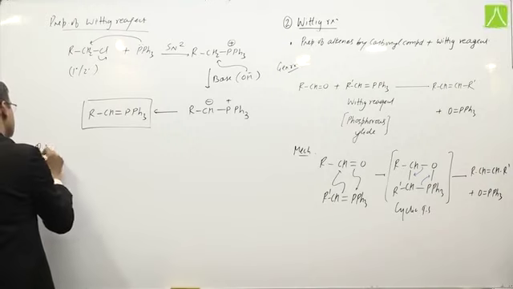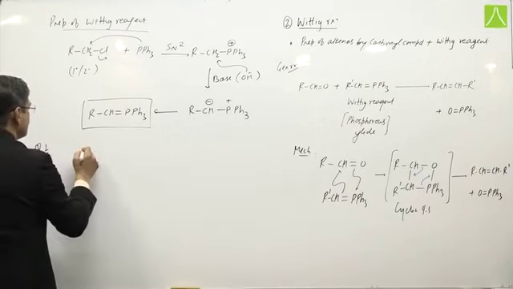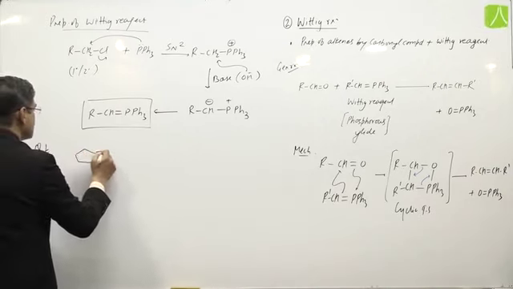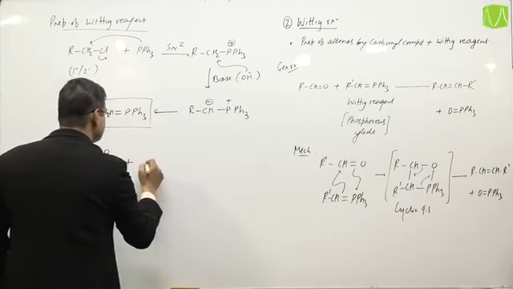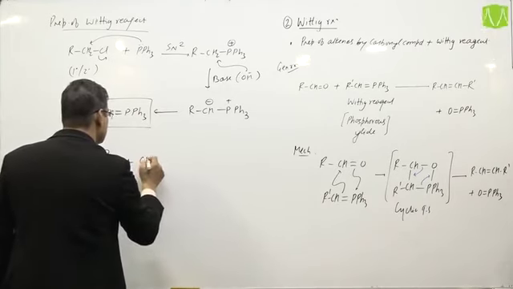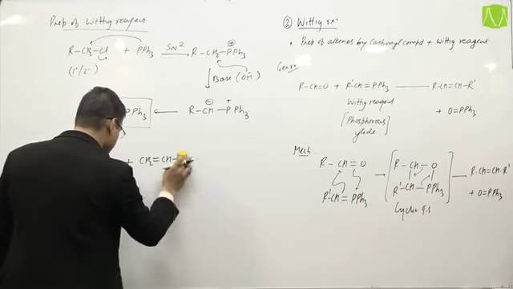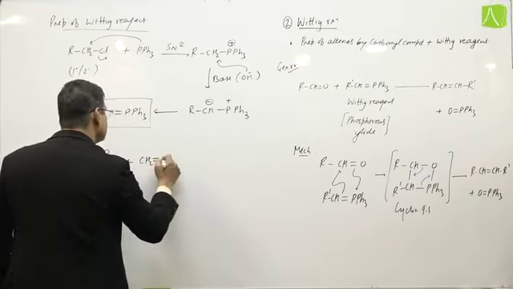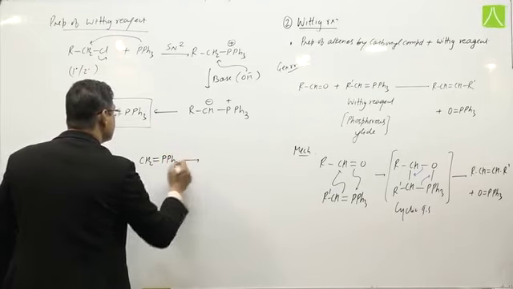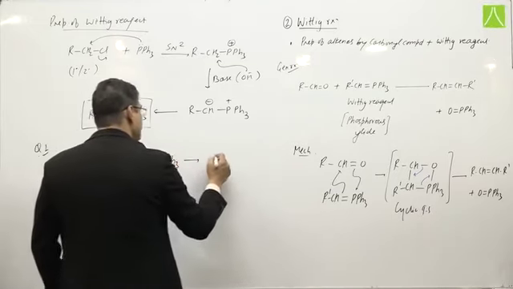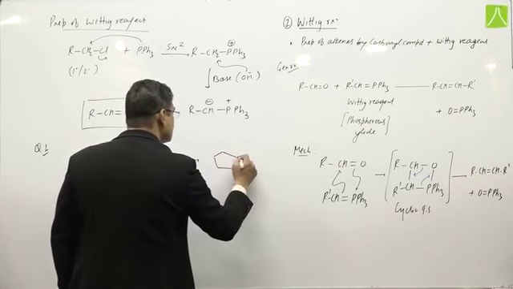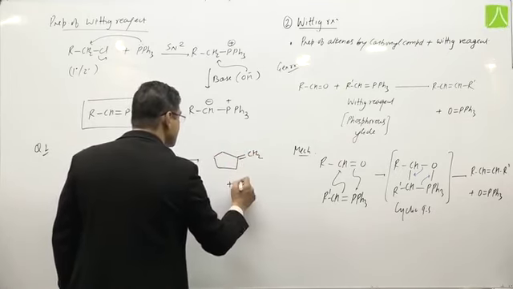Now some questions. Suppose this aldehyde or ketone is given, and CH2 double bond PPh3 is given. So after complete reaction, this alkene is obtained.